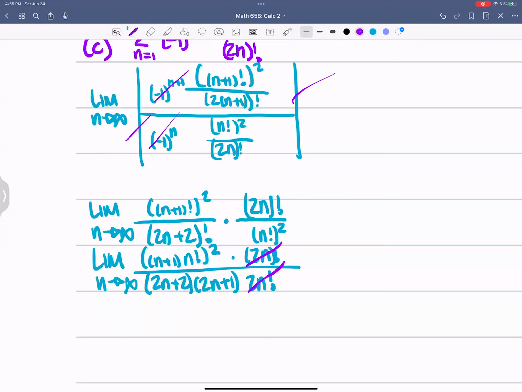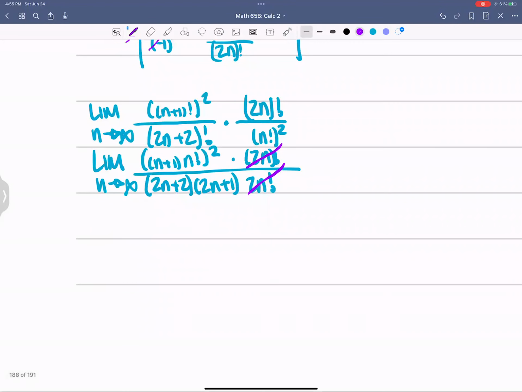Oh, I didn't write it. n factorial squared is here, but we still have that squared on this part here.